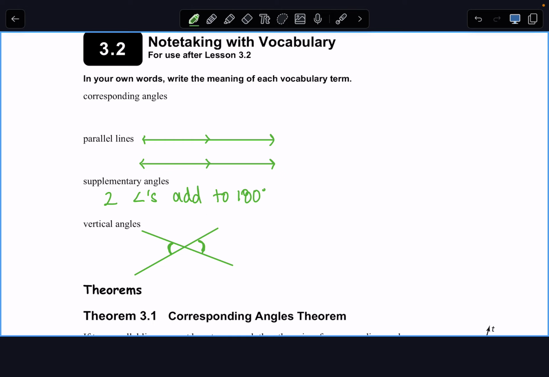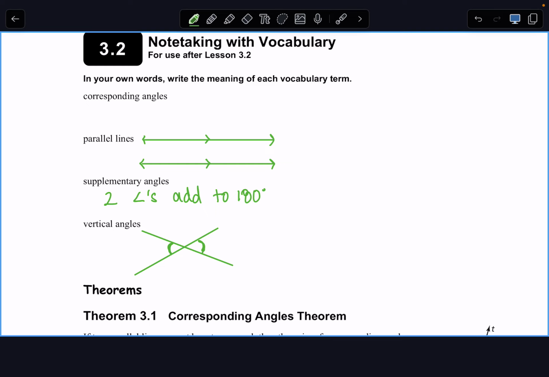Okay, so basically what we're going to do, we're going to take our vocabulary from yesterday, and we are going to talk about what's special about each of those angle relationships when we have, bless you, parallel lines.